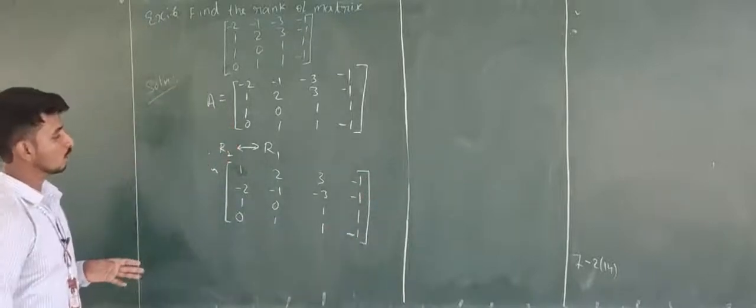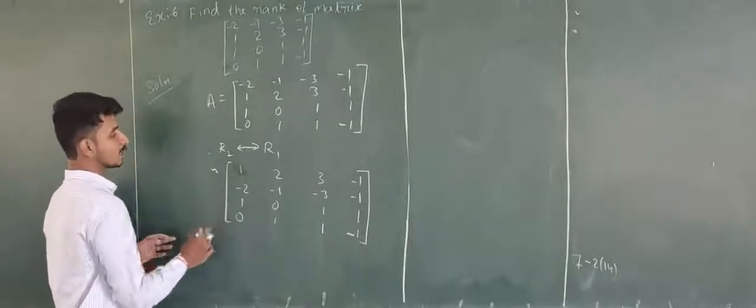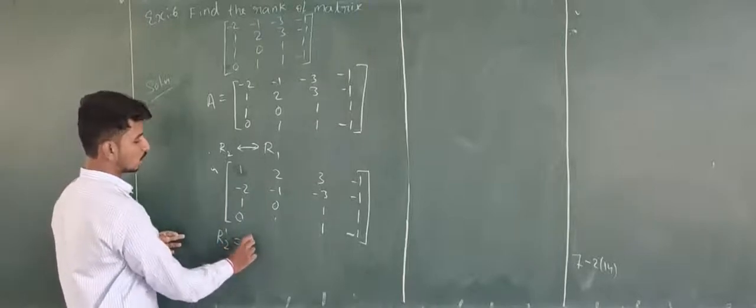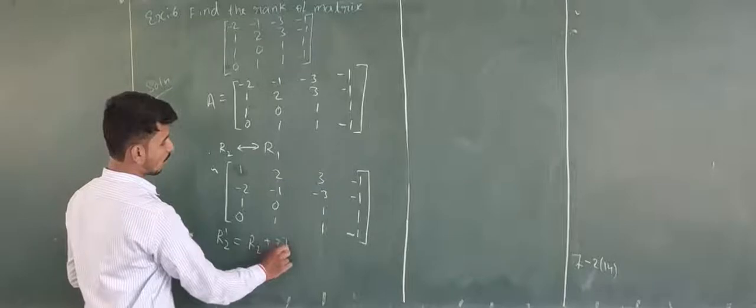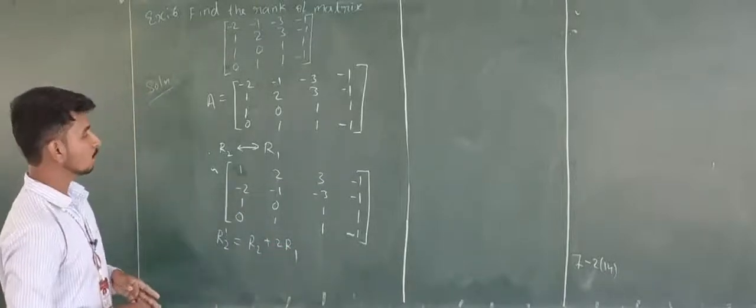Next we have to make this term 0. To do this, we perform the elementary transformation R2 dash equal to R2 plus 2 R1, so that this term will become 0.